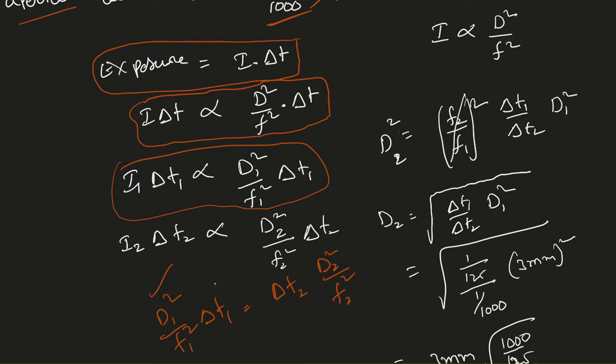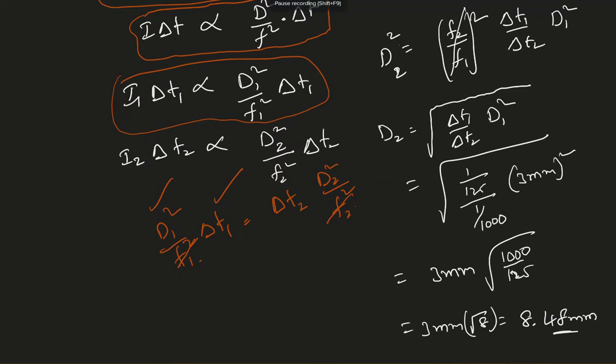I know these values, and although I don't know f1, f1 and f2 are the same, so they cancel out, and we can find d2. Based on this, I found d2 equal to 8.48 mm. This is all about the camera. Thank you.